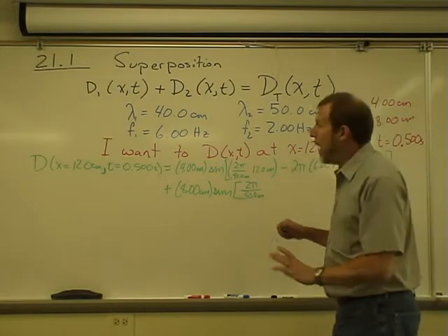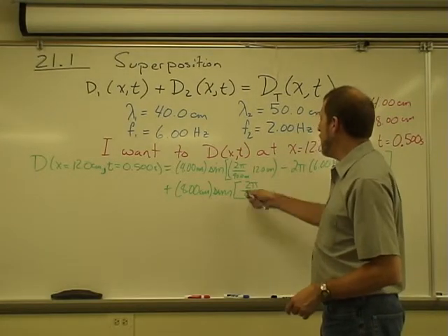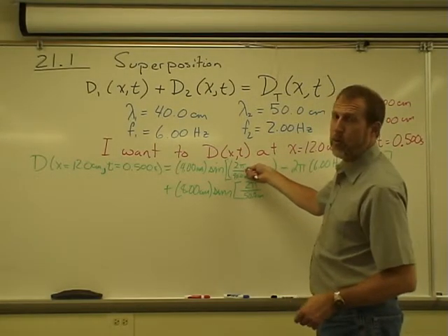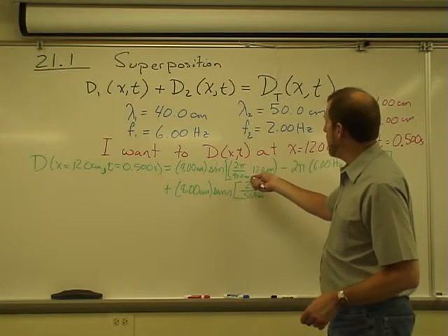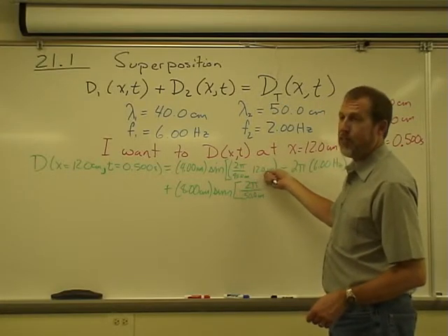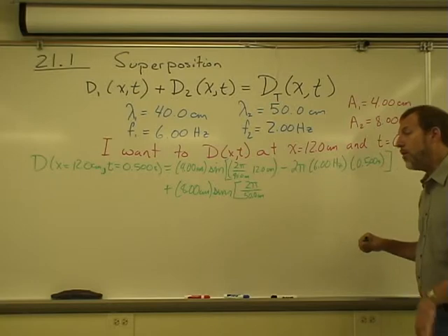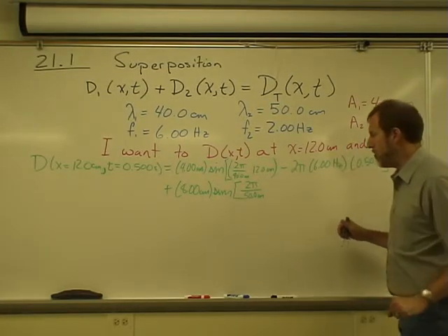Since I've had a bit of practice, I know the wave number includes 1 over units, and the distance will be in units of distance. As long as they're in the same units, they'll cancel out.